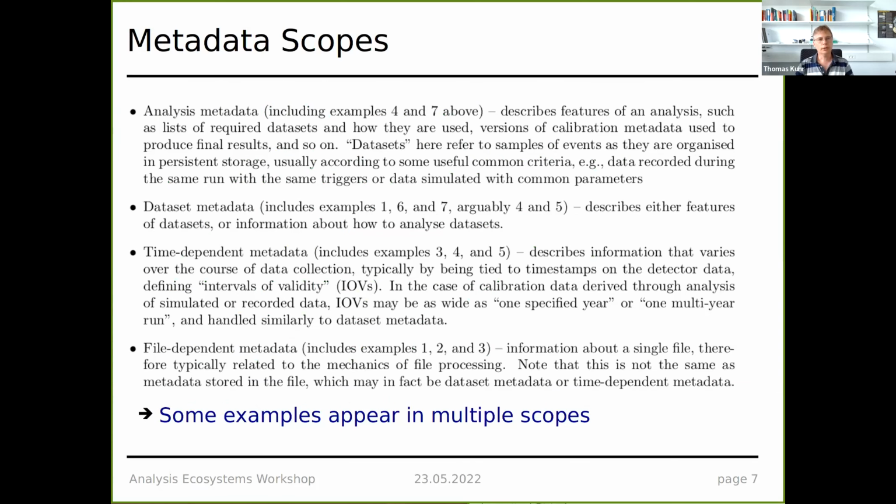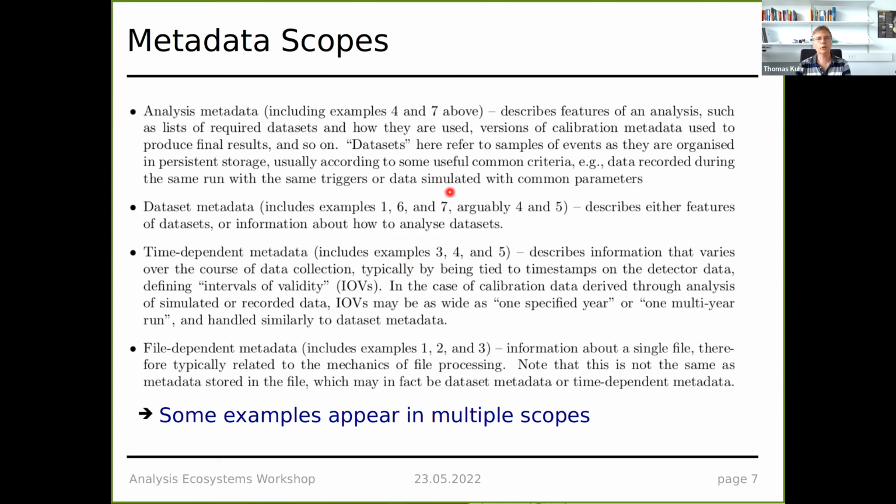So, metadata scopes I mentioned already. In the paper, four metadata scopes are defined: analysis metadata, dataset metadata, time-dependent metadata, and file-dependent metadata. And it's also attached to several examples that were given before.